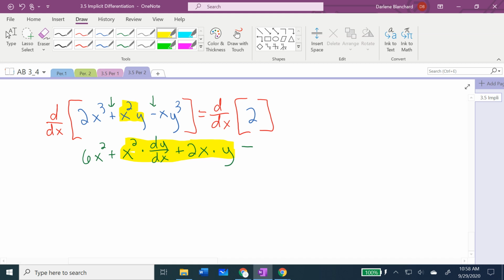I've got my minus sign ready, and I'm going to highlight this one in blue. Oh, look at that. It's a product rule again. So I keep one, I multiply by the derivative of the other.